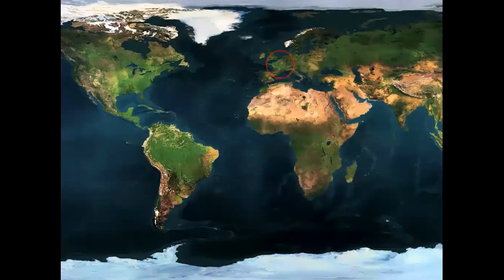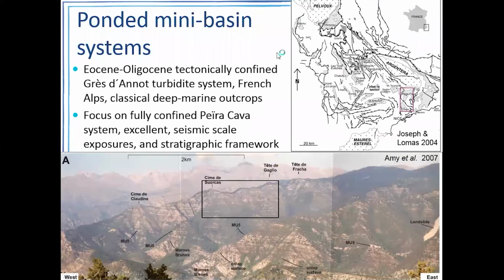So in order to examine some of these, we're going to go now to France, particularly southeast France, into the alpine basins, and very specifically, we're going to look at one of the outcropping basins, the Eocene-Oligocene age Pierre Cava system that crops out in southeast France, which is a really classical area of deep water sedimentology.